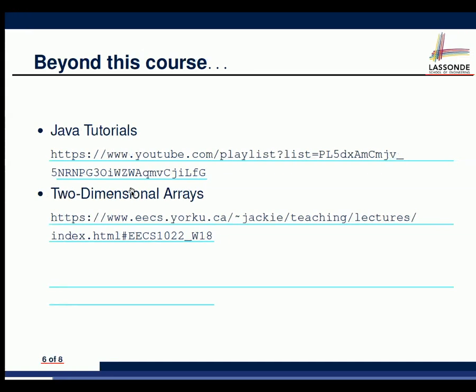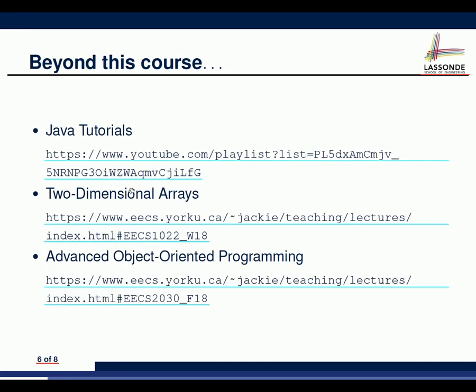Finally, if you really want to pick up more advanced Java skills, for those of you who will take 2030 either in the summer or in the fall, you don't need to worry too much about this, right? You will just take the course anyway. But for those of you in mechanical engineering or civil engineering, if you really want to pick up further Java skills, feel free to go to my lectures page for 2030, just back in the fall last year.